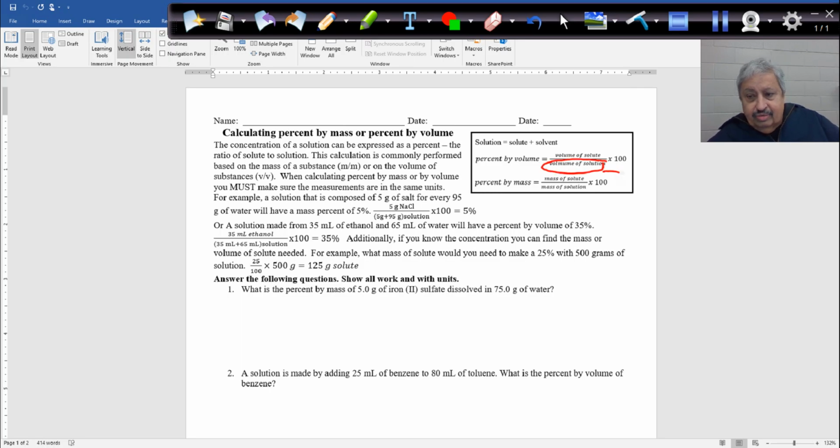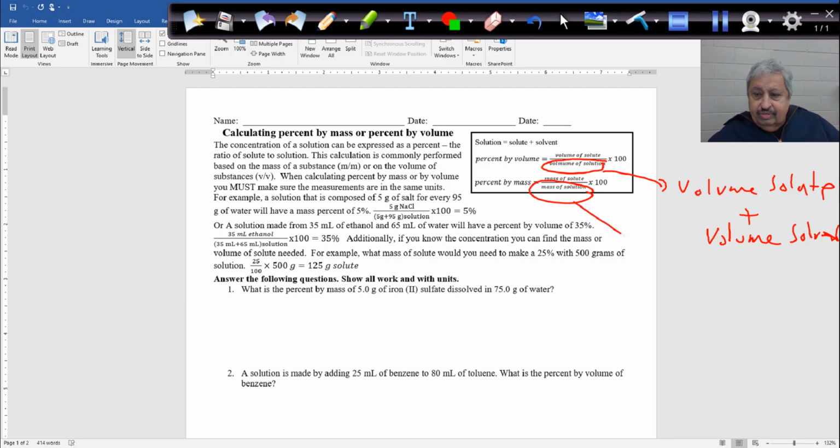Volume of the solution, which is volume of solute plus volume of the solvent. And here, mass of the solution, mass of the solute plus mass of the solvent.